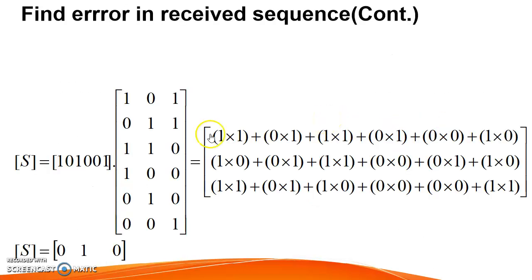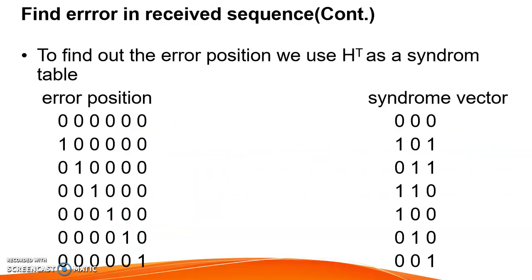So in your previous question, if the matrix multiplication had given S equals 0, 0, 0, then you could conclude that no error occurred in the encoding system, and the received sequence is also a code word. But as here the error syndrome is given, that is 0, 1, 0.